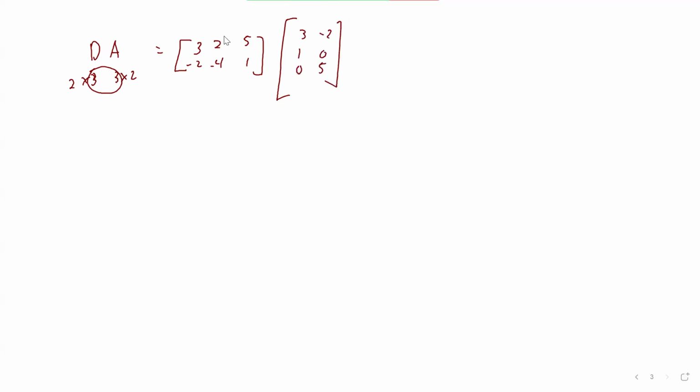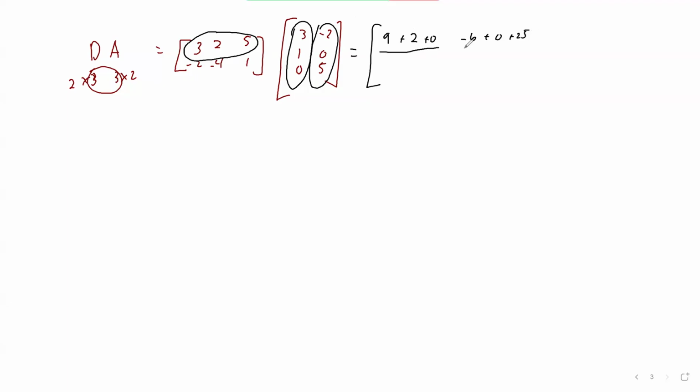Same process. Row by column. 3 times 3 is 9, plus 2, plus 0. That's one element. Row by column. That's -6, plus 0, plus 25.